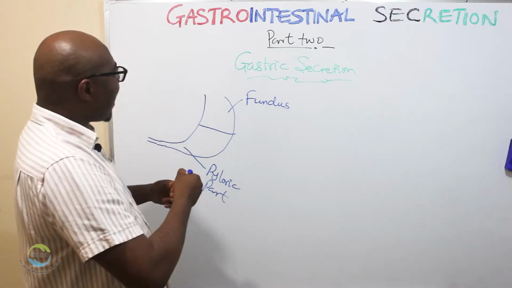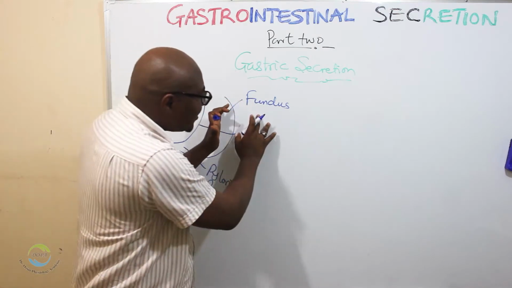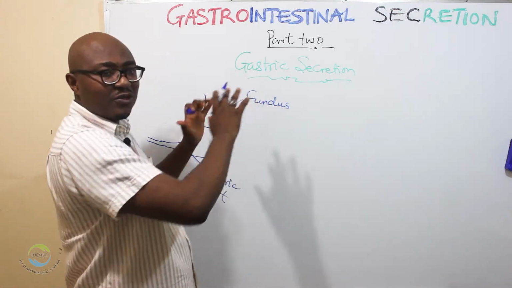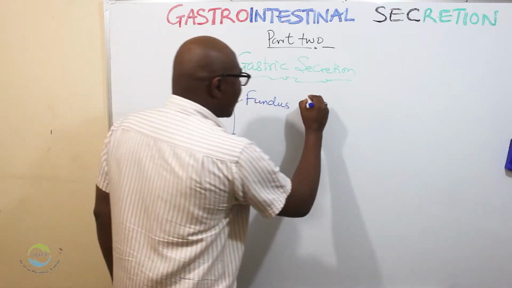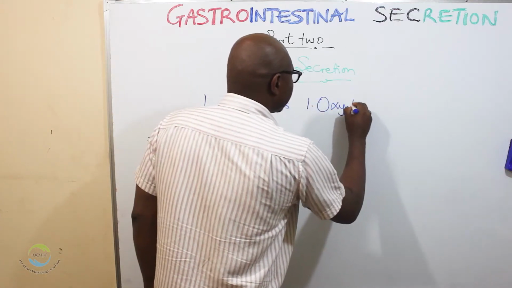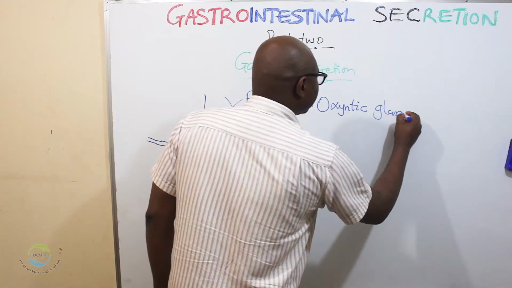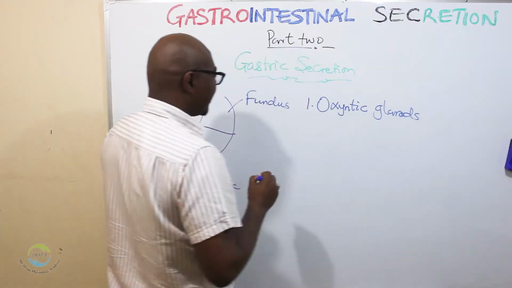From this fundic part, number 1, you have the oxyntic glands.